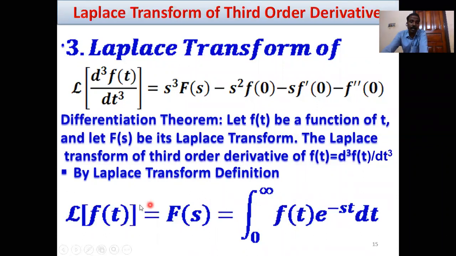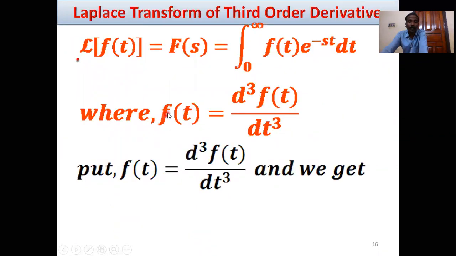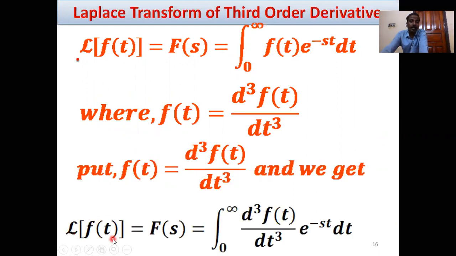For third order systems, just put f(t) equals d3f(t) by dt3, and we get the Laplace transform, F(s) equals the integral from 0 to infinity of d3f(t) by dt3 e to the power minus st. Just put here d3f(t) by dt3.